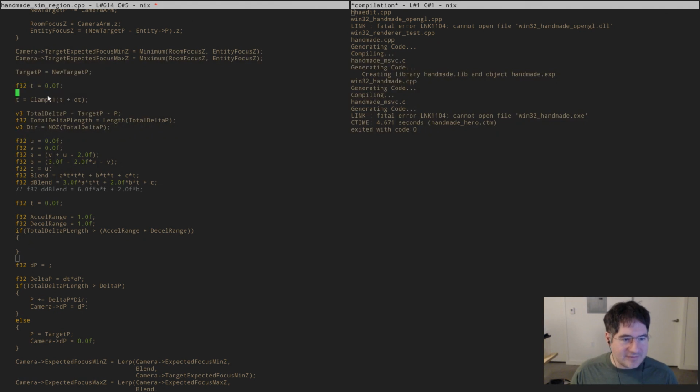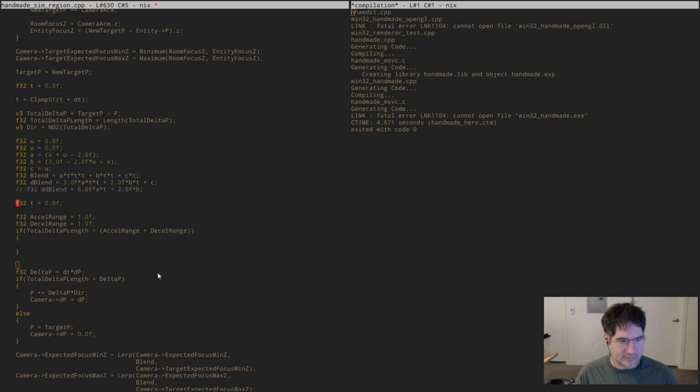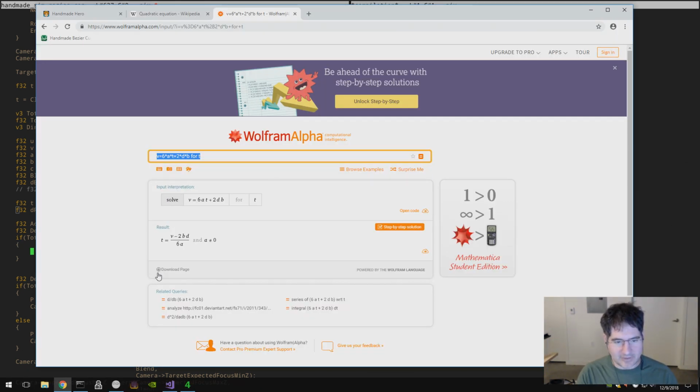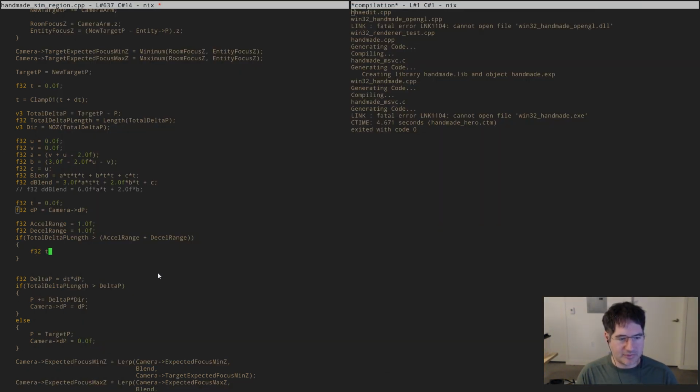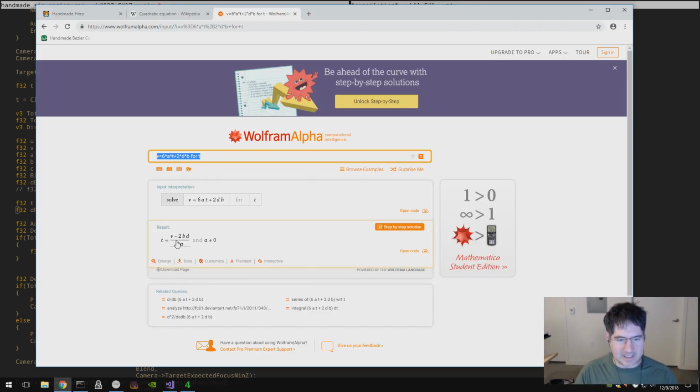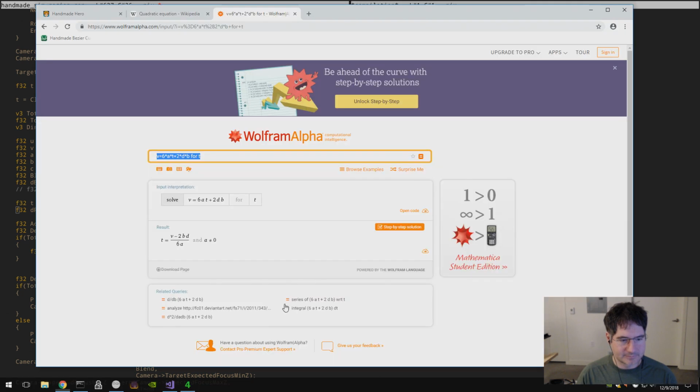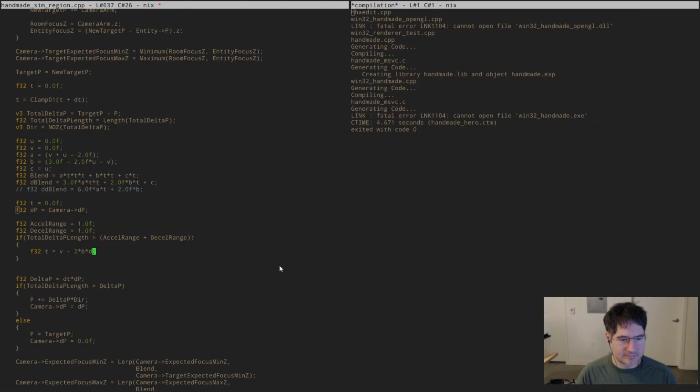So my previous dp, which I guess I can pull out here. My previous velocity that I was, if I solved it this way, I would get what the t value is by saying v minus 2bd, right, over 6a.